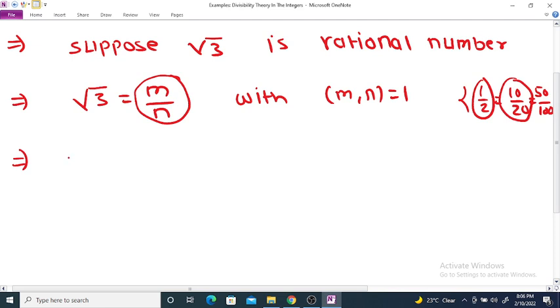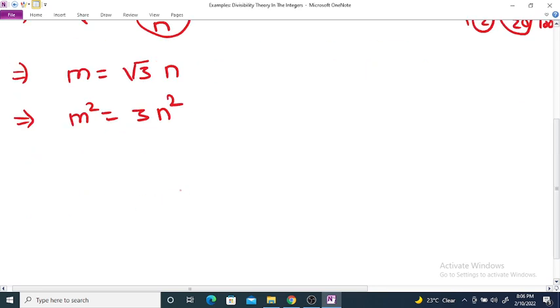Now this can be written as m is equal to square root 3 into n, that is, by cross multiplication, so this implies m square is equal to 3n square. This implies m square is a multiple of 3, so 3 divides m square, which means 3 divides m into m.